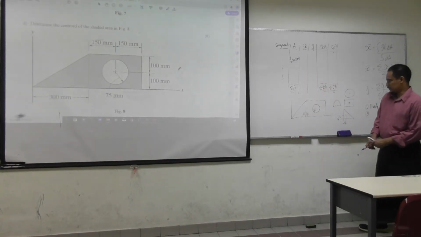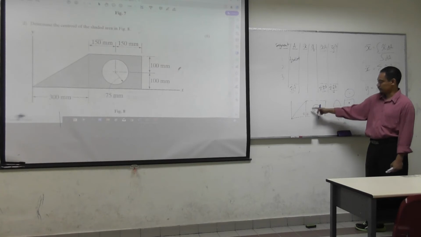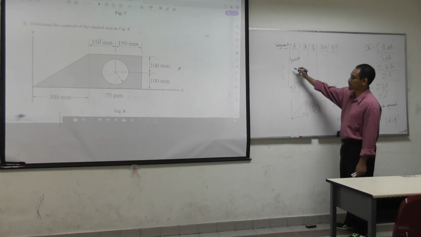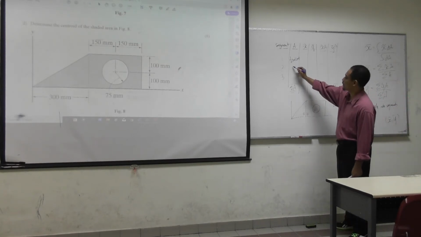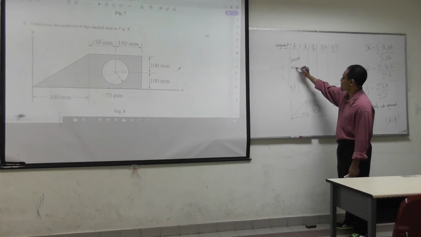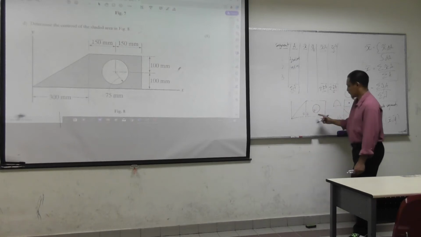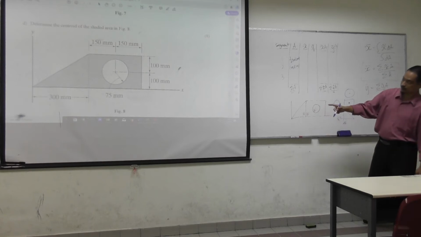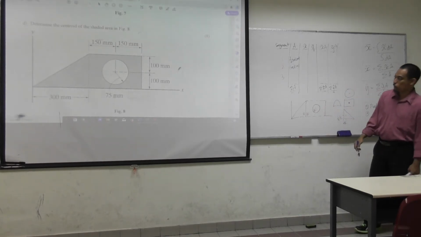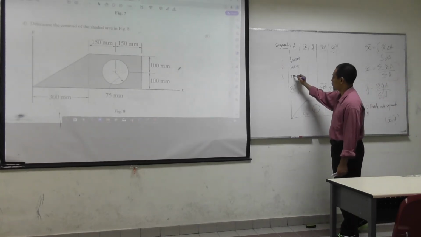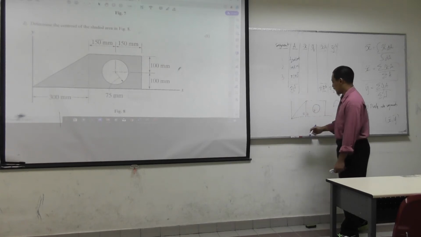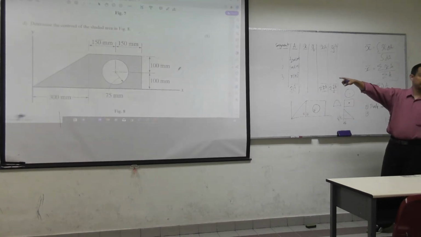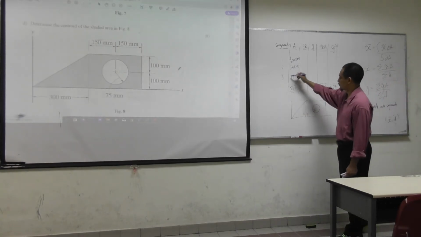What about area 2, the area of the rectangle number 2? 100. What about the circle? Now, this one is a hole, so you have a minus area.